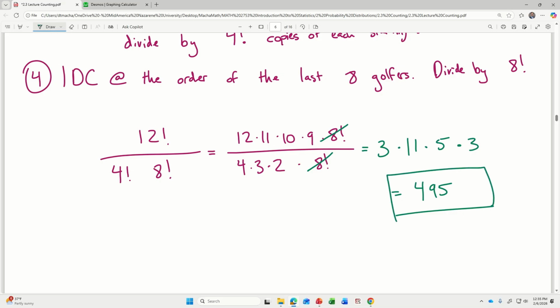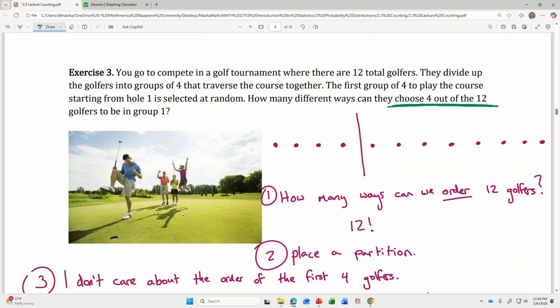So the answer to the question, you've got 12 golfers. How many ways can you choose 4 out of 12 to be in the first group? The answer is there's 495 different ways to choose 4 out of 12.